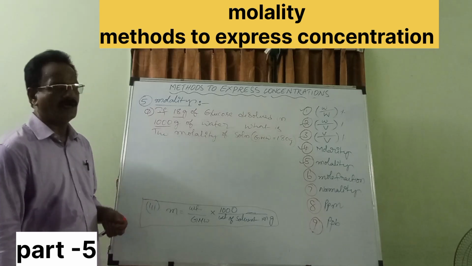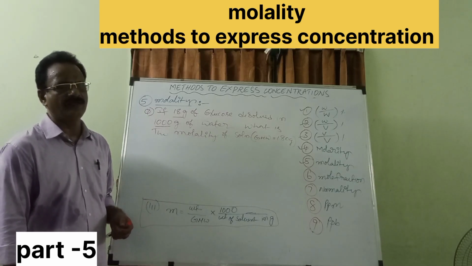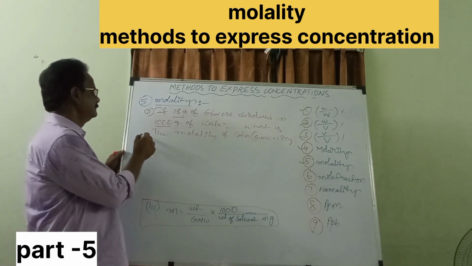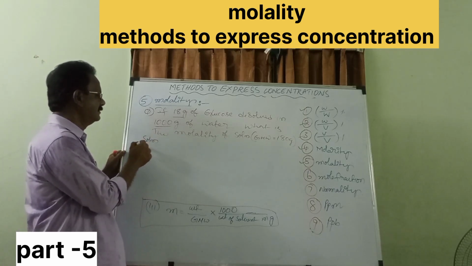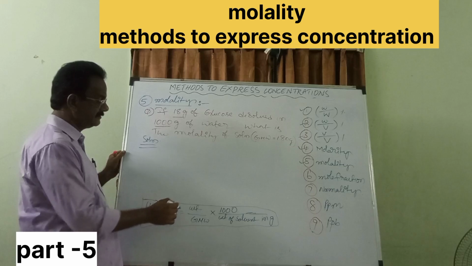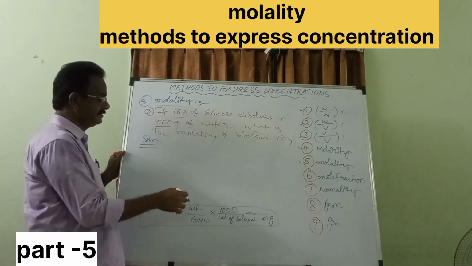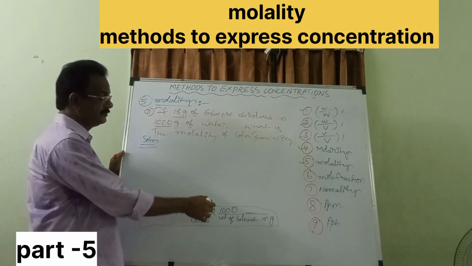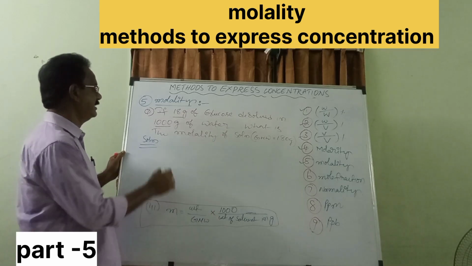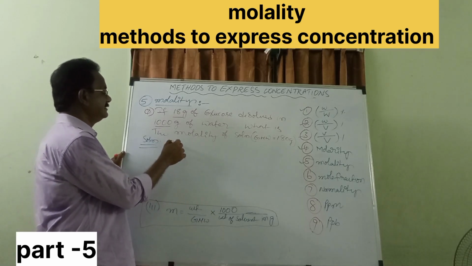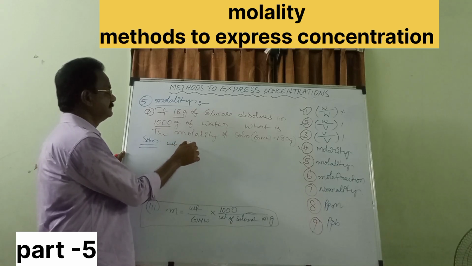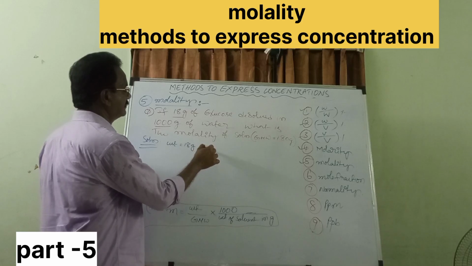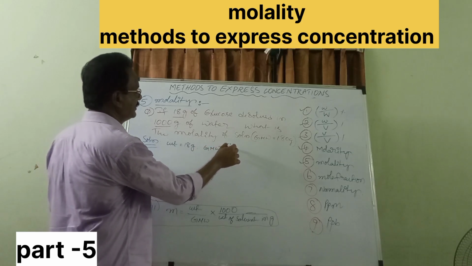Okay. After selecting formula, we have to go through the data given in the problem. Here, from the formula, we need weight of solute, gram molecular weight of solute, and weight of solvent in grams. Okay. So here, weight is equal to 18 grams.